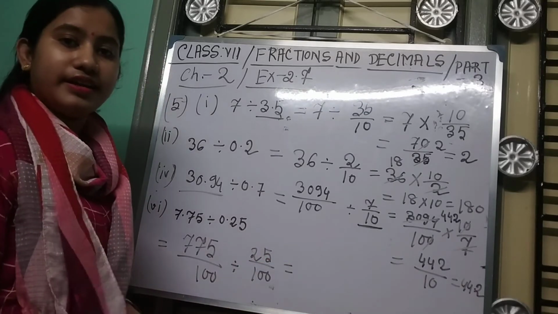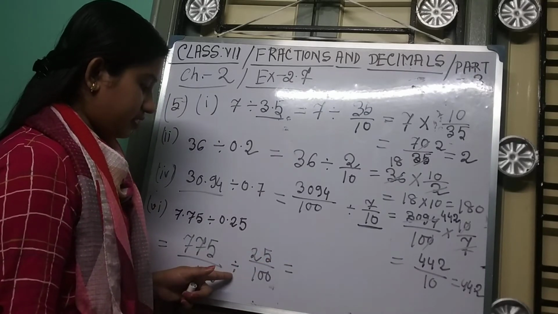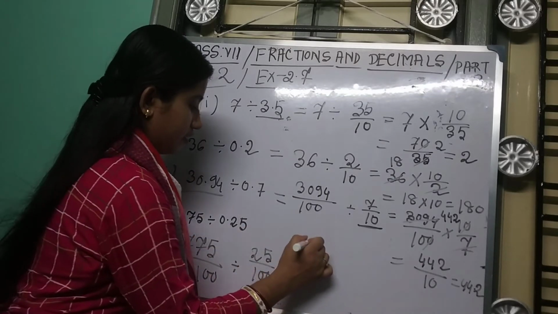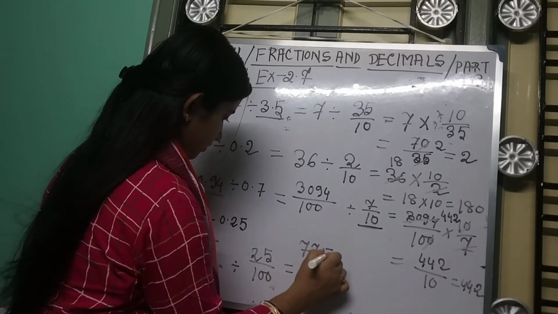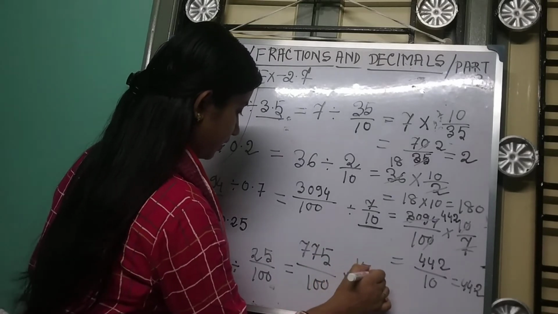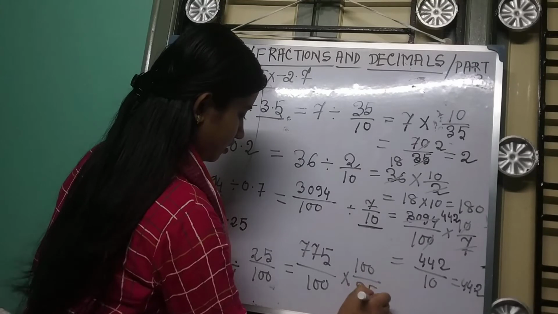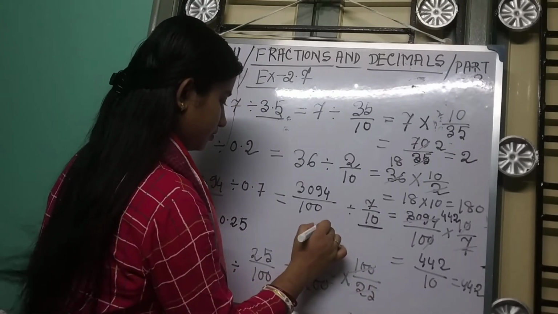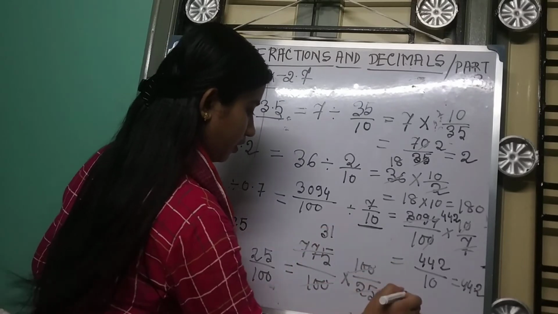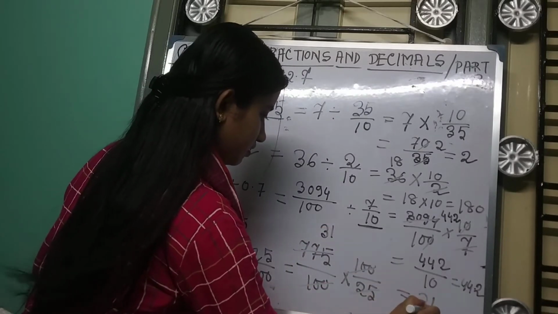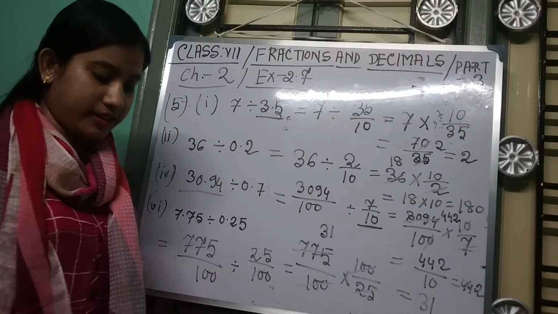In the next step we convert this sign to multiplication and write the reciprocal of this number. Then we get into 100 by 25. Now 100 is cancelled. This is 31. Now this is number 6.